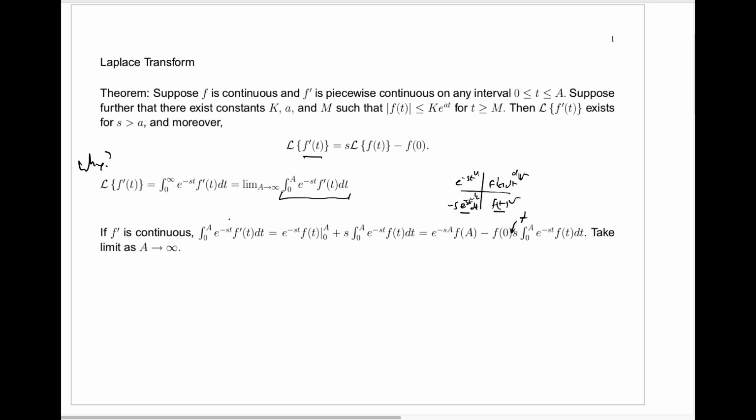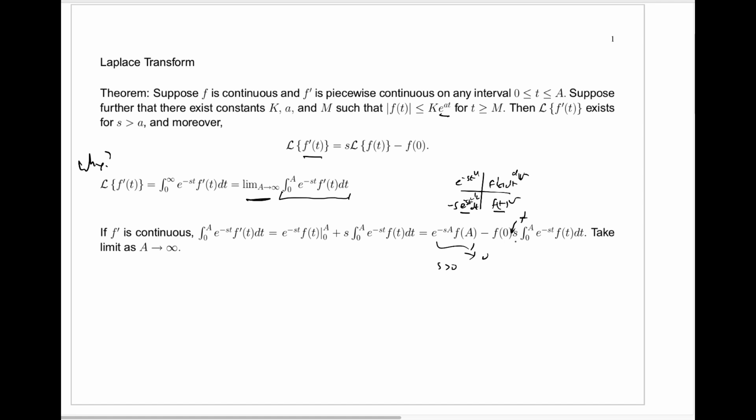Then we take a limit as a goes to infinity, which is what we want here. This part will go to 0 because our niceness conditions say that f doesn't grow faster than any exponential function. In other words, if f doesn't grow faster than a constant times e to the at, at least when s is bigger than a, this e to the minus sa will go to 0 faster than the f of a grows, and this whole first term goes to 0.